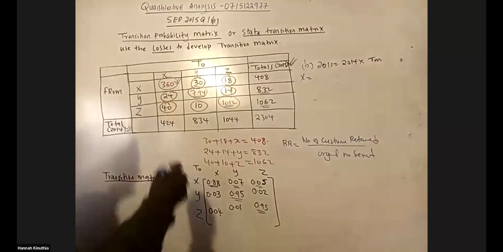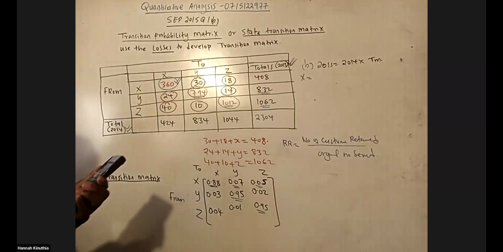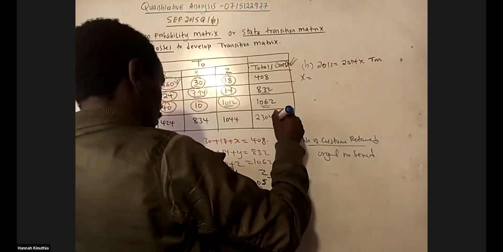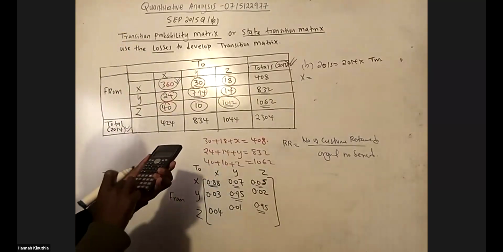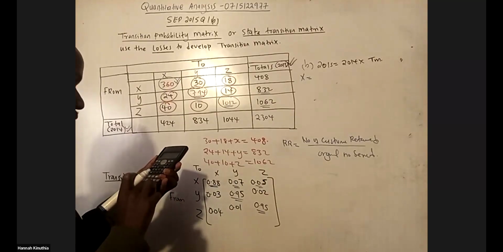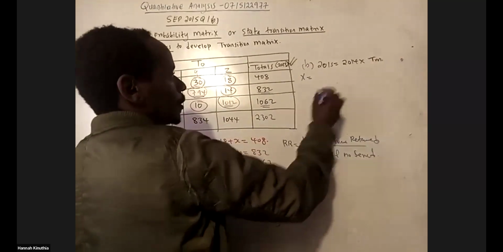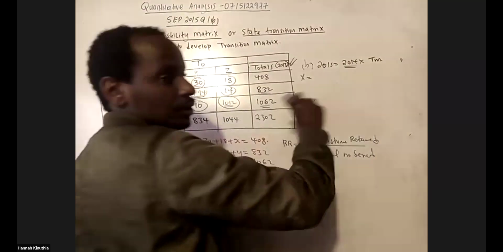Itakuwa ni 424 divided by 2302, not 04. Ala, ati umesema ni 424 plus 834 plus 1044. 2302.